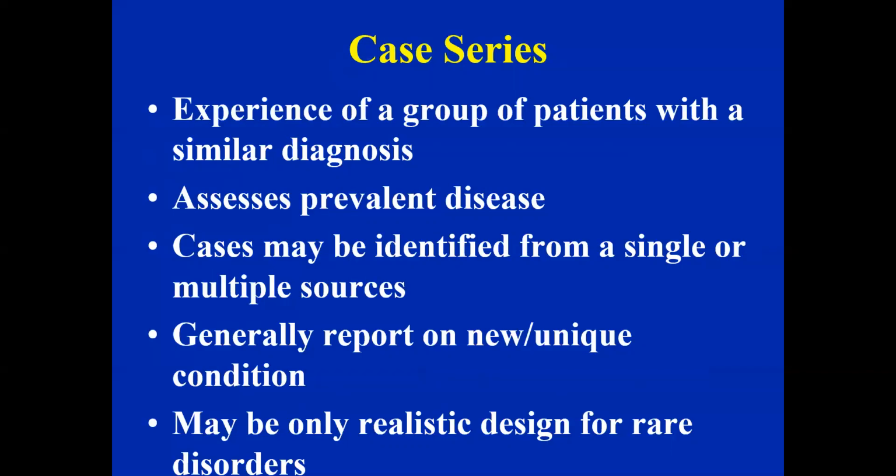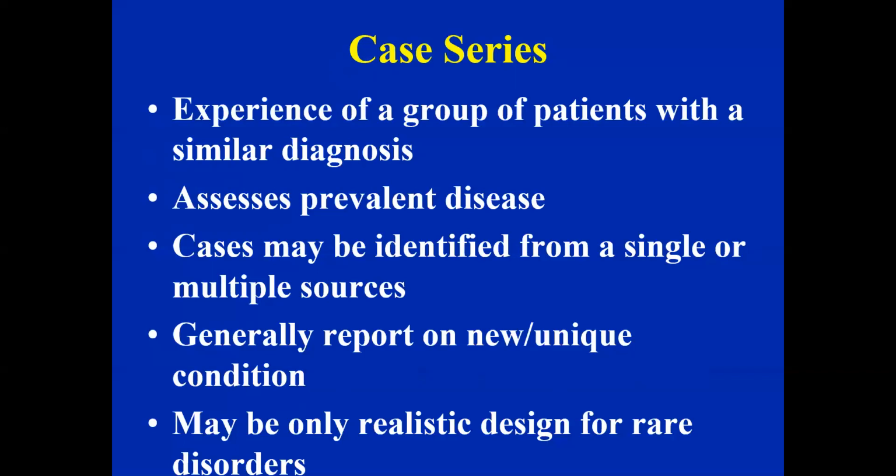Generally, case series report on new or unique conditions, and may be the only realistic design for rare disorders. If you're studying something very rare, where maybe we have one case or two, it might not be possible for you to proceed further and do other descriptive epidemiology studies.